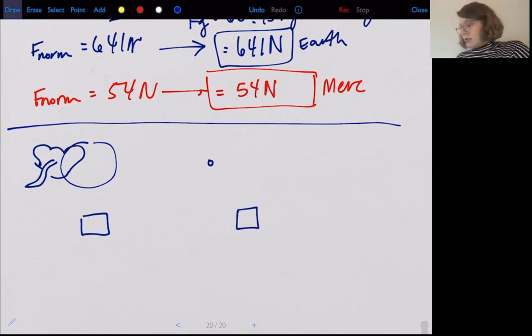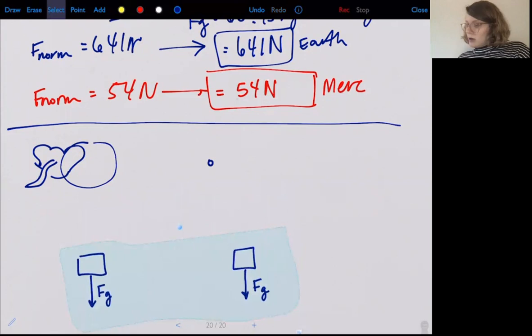We know that both of these are going to have a force of gravity pulling them down towards the earth. And we know that the force of gravity is 9.8 newtons. Well, it depends on the mass of the objects.